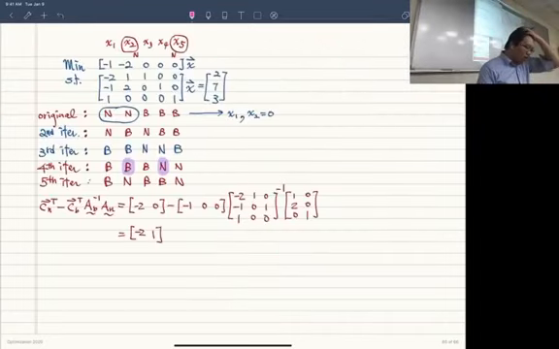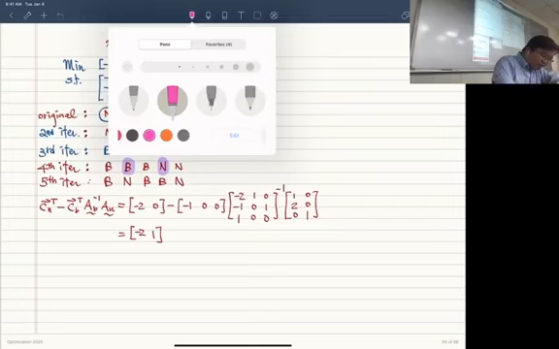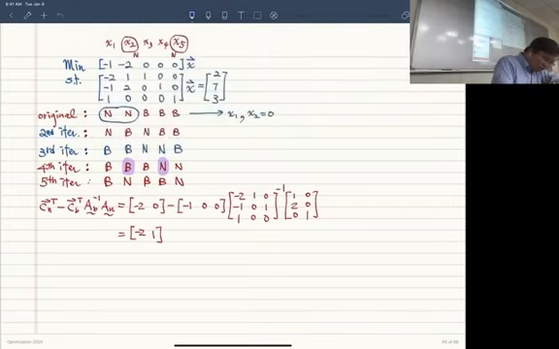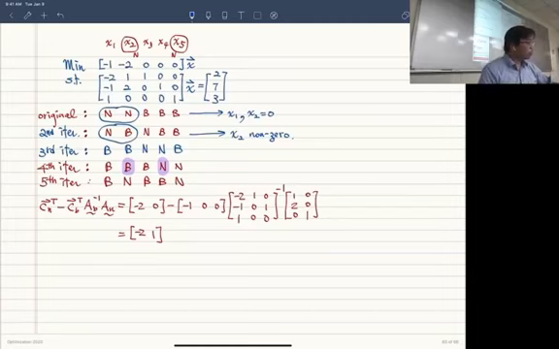And when we move on to the next position, we realize what are x1 and x2. So over here, we realize x2 becomes non-zero. Okay, but what is the value of x2?